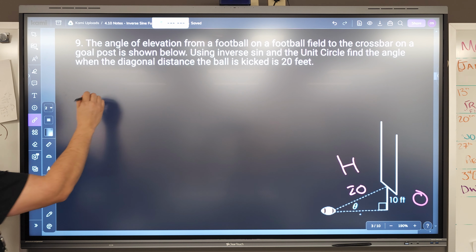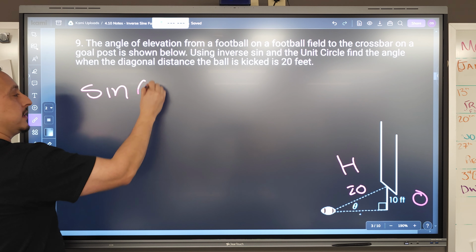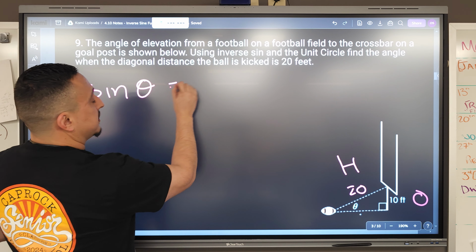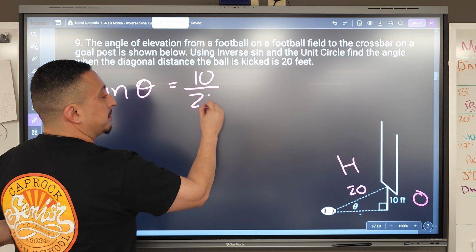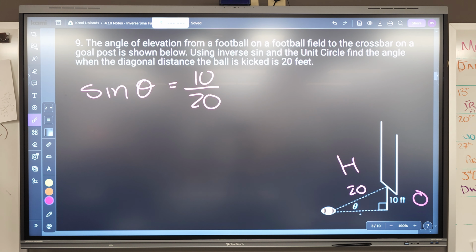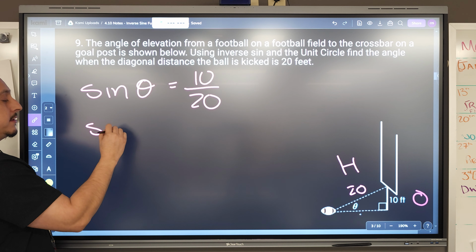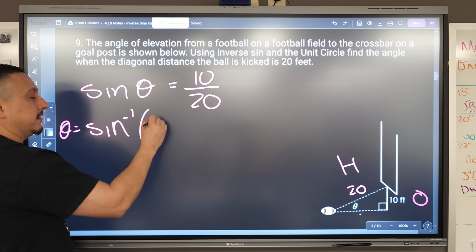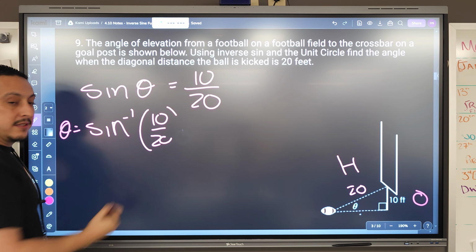Sine, right? So let's set it up. Sine of theta, which is what I'm trying to find, is equal to opposite over hypotenuse. Inverse. So you already were using it. You just didn't know what it was. You used it, but that's what inverse is. So theta equals inverse sine of 10/20.